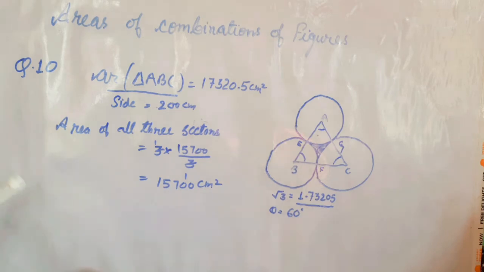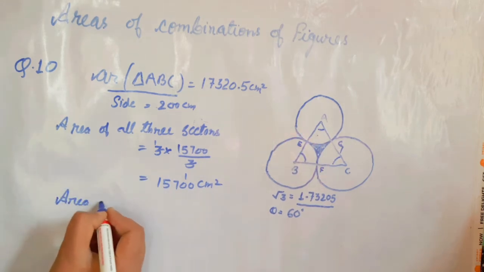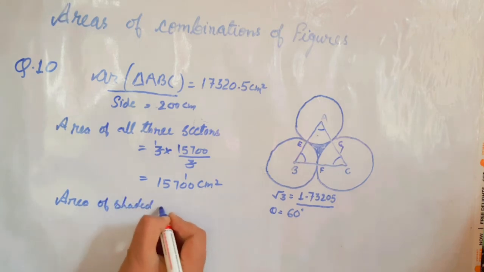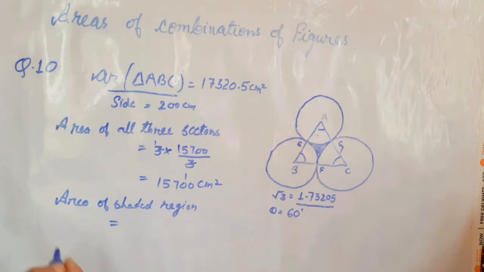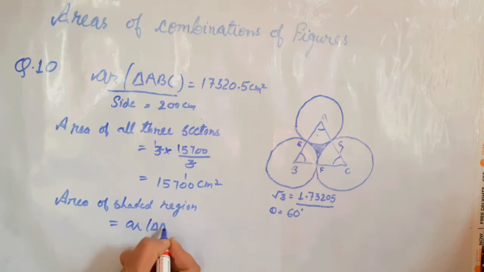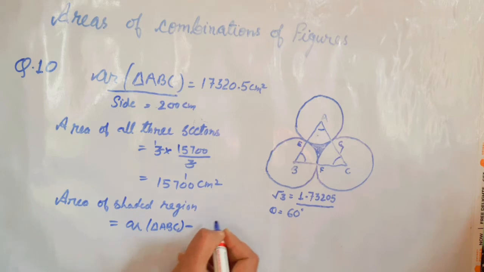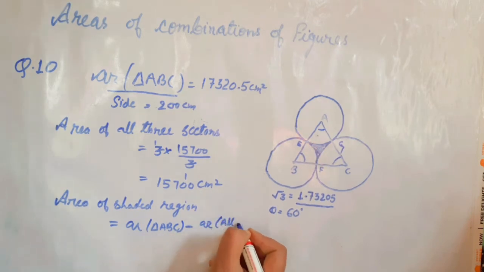Now we have to find out the area of shaded region. So area of shaded region will be equals to area of triangle ABC minus area of all three sectors.